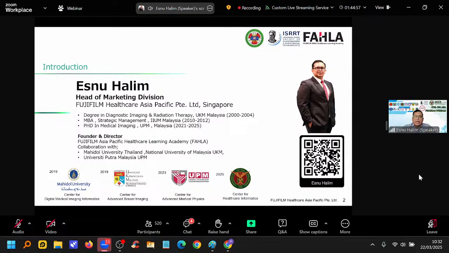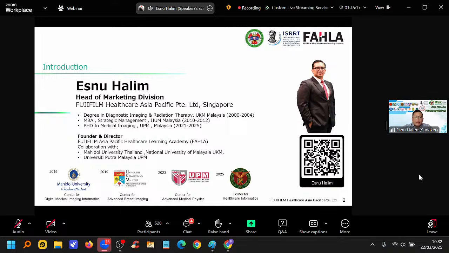In 2019, we signed an MOU with Mahidol University. We established Center for Digital Imaging and Medical Imaging Informatics. In the same year, we also established Center for Advanced Breast Imaging with National University of Malaysia, which is University Kebangsaan Malaysia.